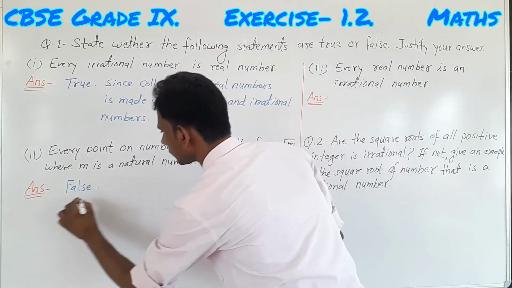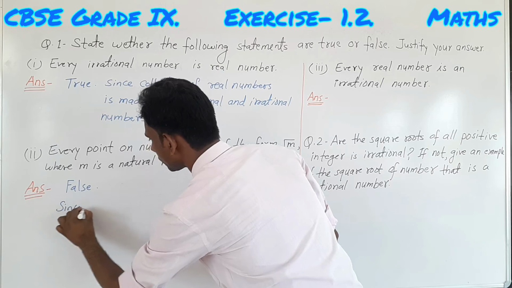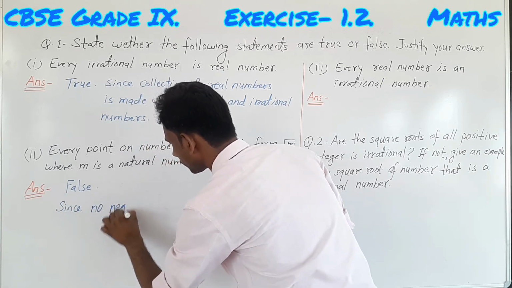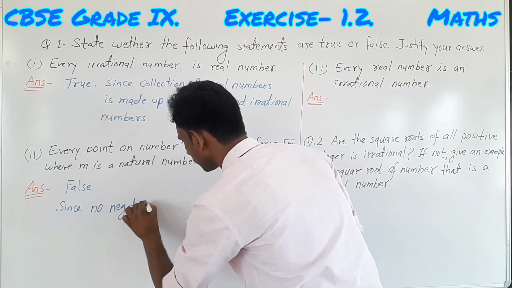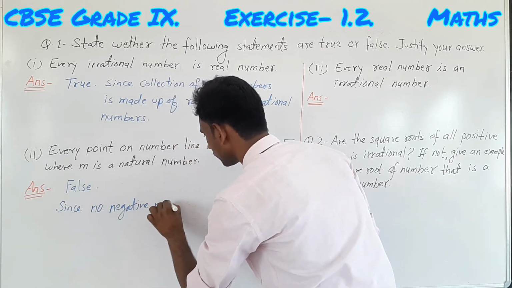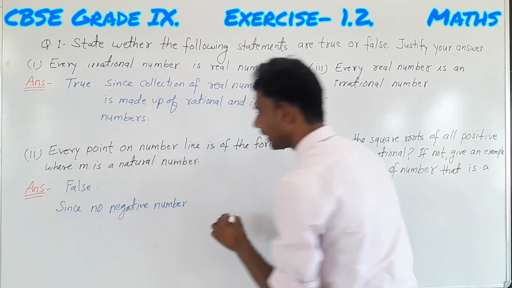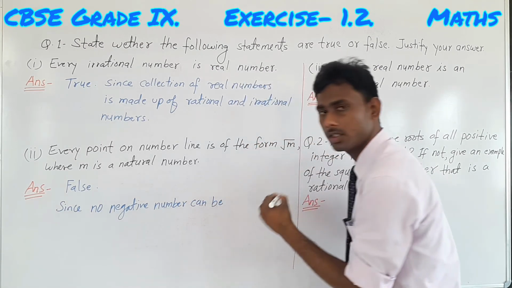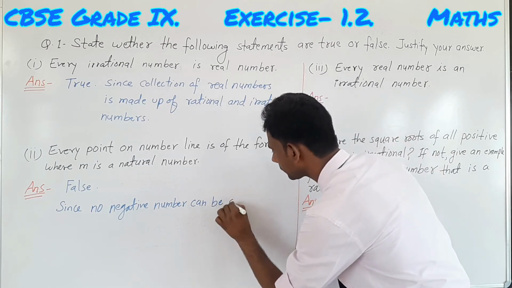Since no negative number can be the square root of a natural number.